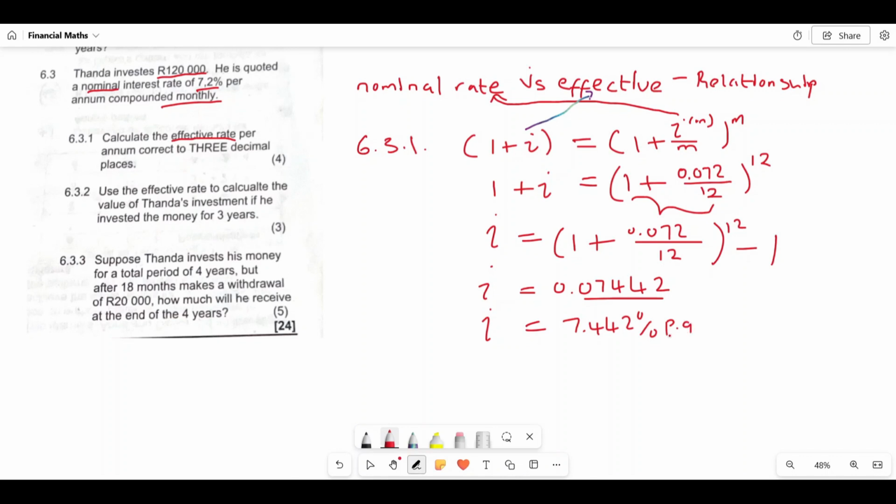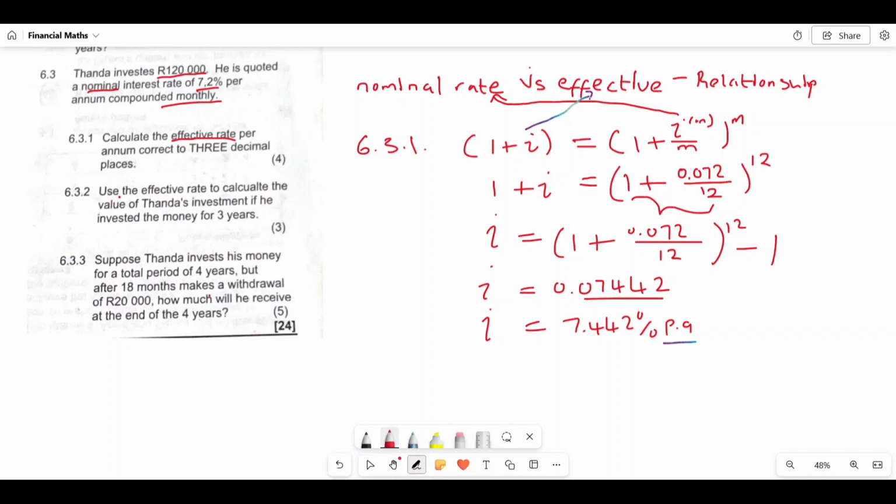This is per annum because it's an effective rate. So that's it. We are done with that part of the question. So we move on to the next question.